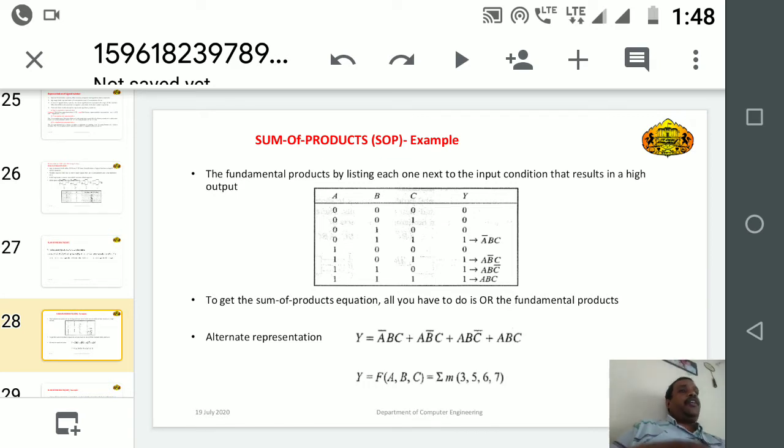This truth table or this SOP form is represented in this way. The summation of m is nothing but the minterms, and in the bracket 3, 5, 6, 7 are the minterms present. Only for input 3, input 5, input 6 and input 7 do you get the output 1, and the other outputs are 0. This is how you can represent this SOP.